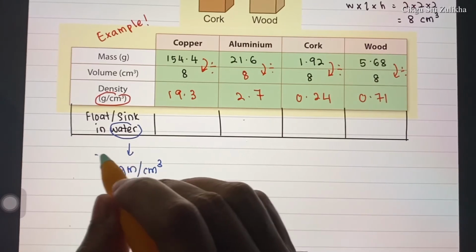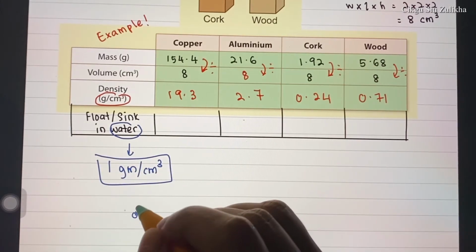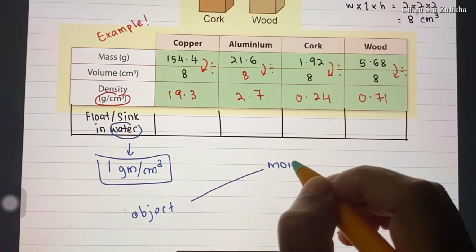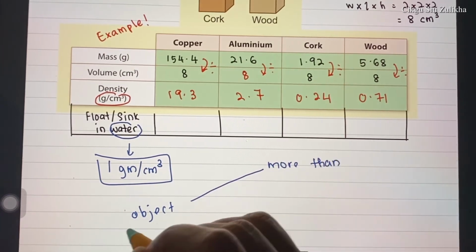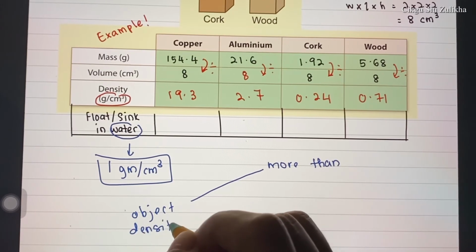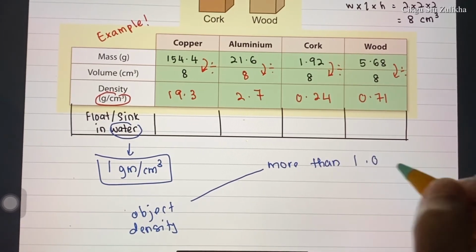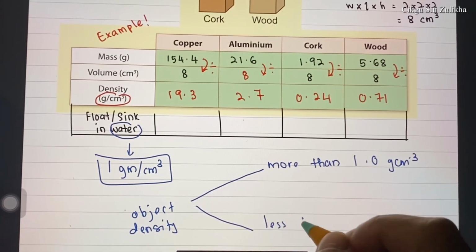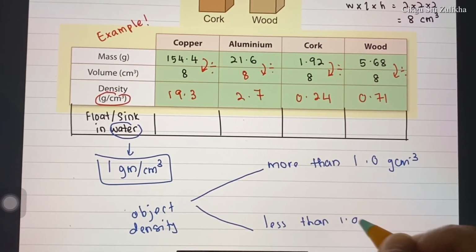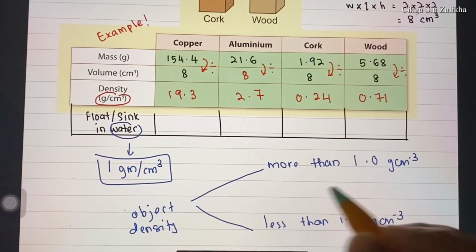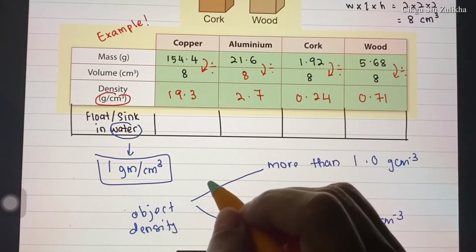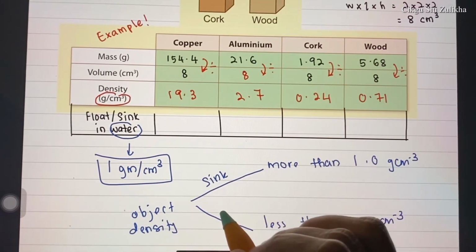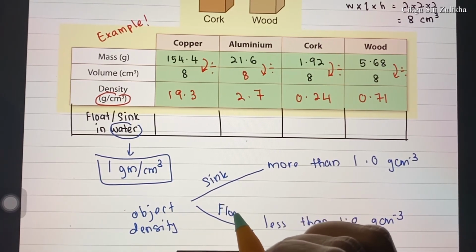Okay, kalau object density of your object more than 1 gram per centimeter cube and less than 1 gram per centimeter cube, what happen? Object density is more than 1, dia akan sink. If object density dia less than 1, dia akan float.